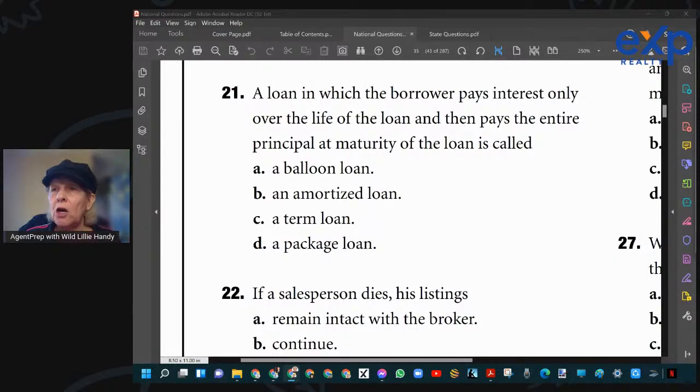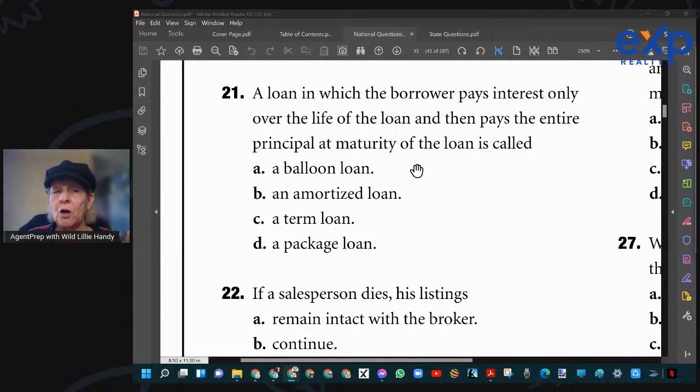A term loan is when they pay interest only for so many years, and investors will use this loan. It could be an ARM loan, a 3-year, 5-year, 7-year loan, interest only. There are ARM loans that are amortized, but one that has interest only is a term loan. It's for a certain term.